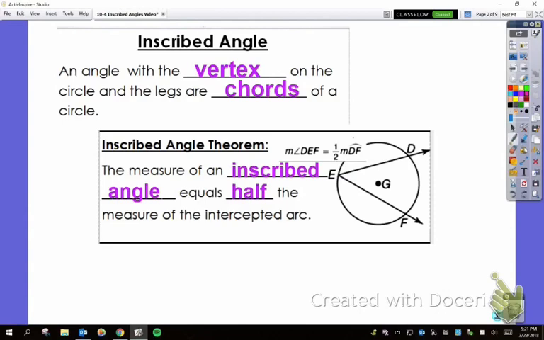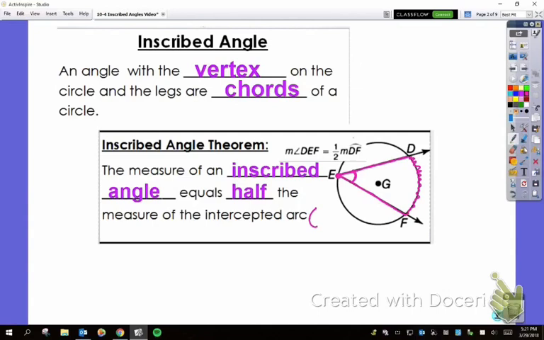If you look at this picture, the vertex of this angle is E, and E is located on the circle. The chords of the inscribed angle would be ED, and the other chord would be EF. So that's the angle we're talking about, which means the intercepted arc would be arc DF.